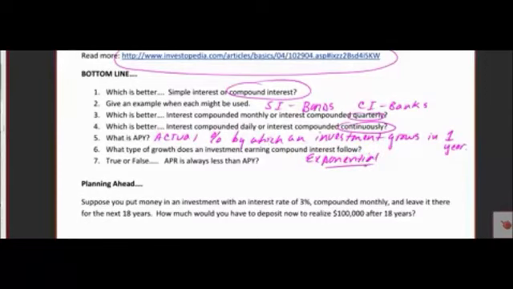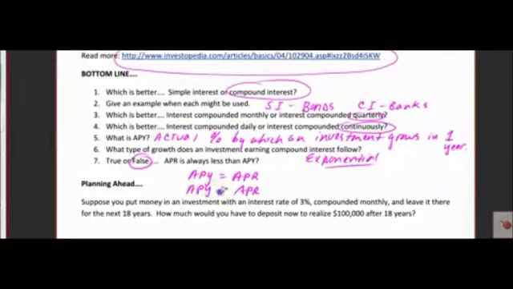And one last true or false question. APR is always less than APY. This would be false, because, remember, we said APY was equal to APR when interest is compounded once a year, but we said APY was going to be greater than APR when interest was compounded more than once per year.